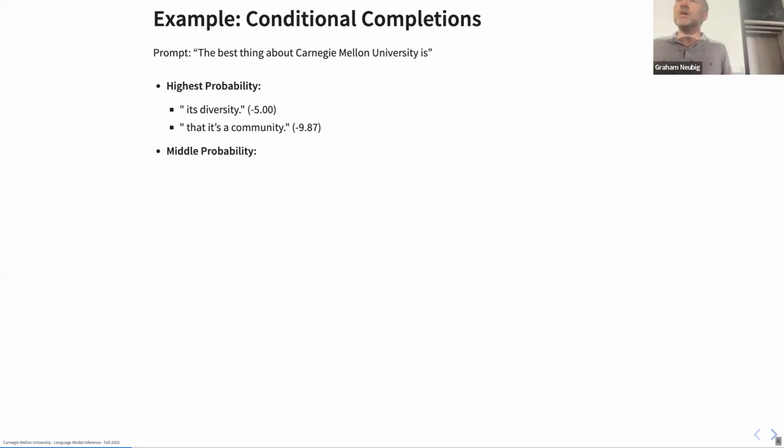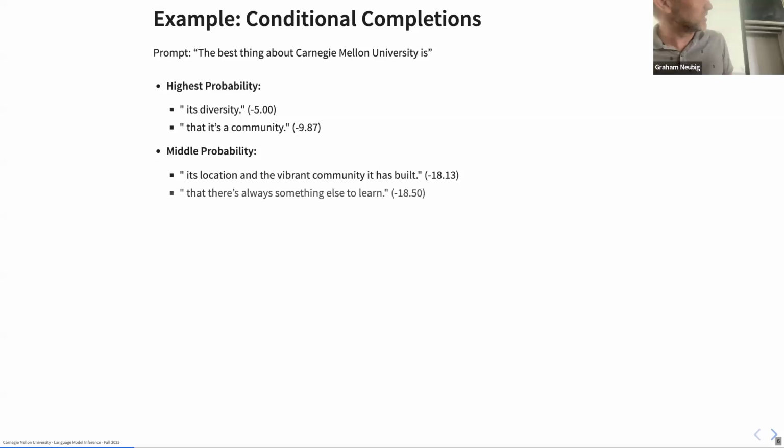Middle probability, we get ones that are a little bit longer. Its location, the vibrant community it has built, that there's always something else to learn, that it gives you the ability to take your education to the next level. So these are a little bit longer, but maybe still pretty typical sentences.